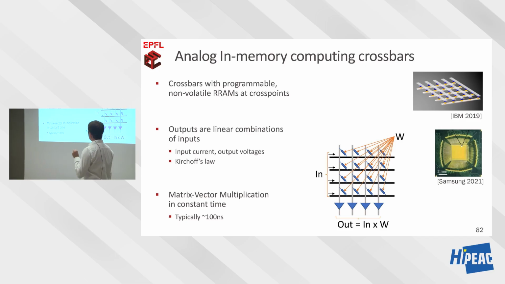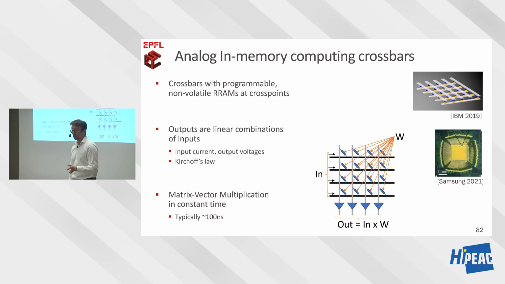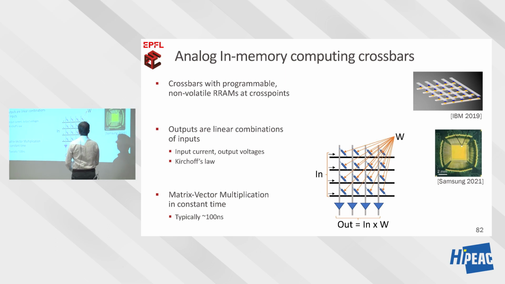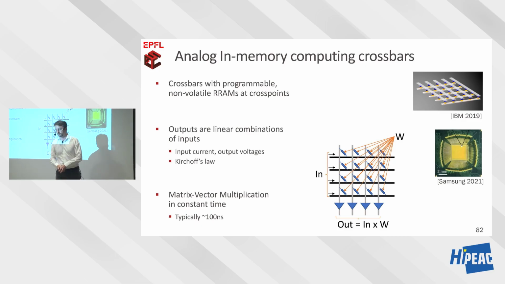Why so? This is very interesting because it is a structure which allows us to do matrix vector multiplications in constant time. So basically, you have these connections with programmable resistances. You input some currents, you have analog to digital converters at the output, you perform computation in analog, and at the output we have the multiplication between the currents and the resistances.